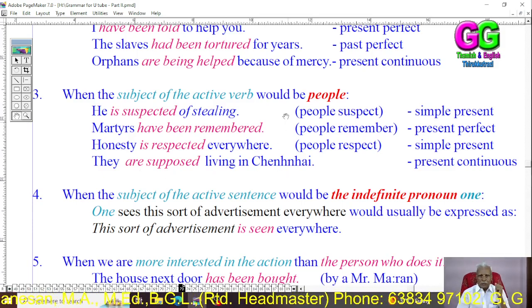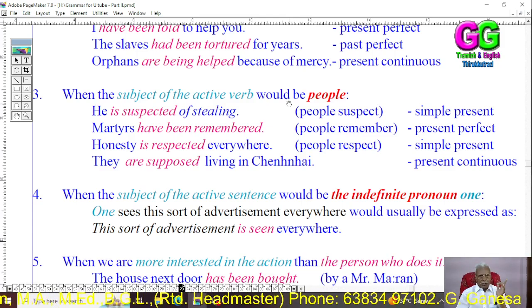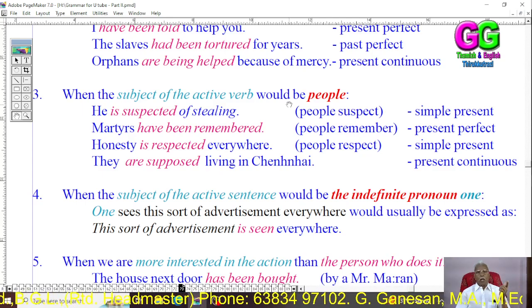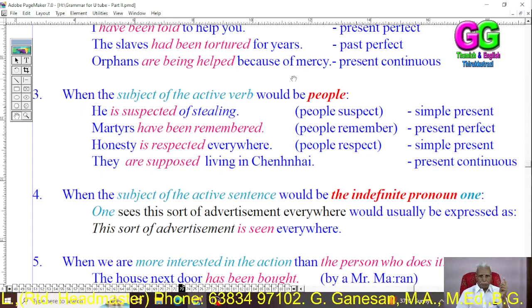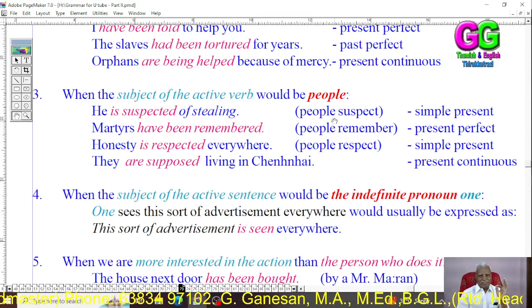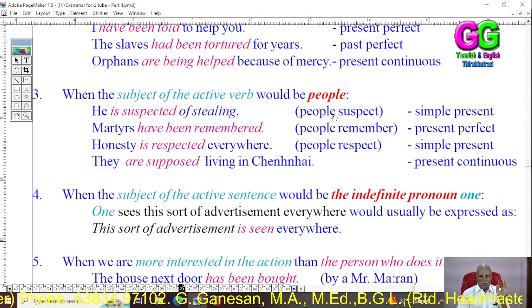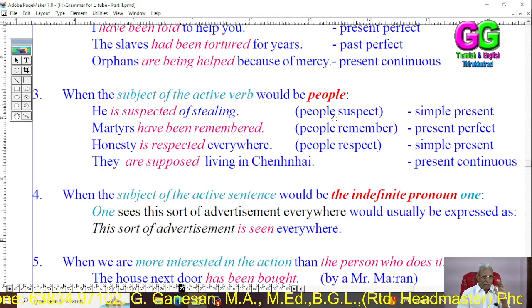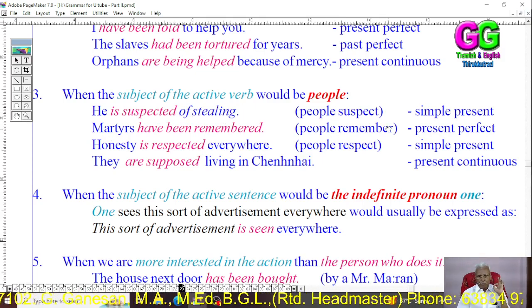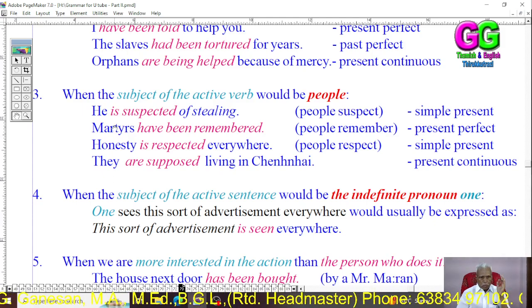You see, when the subject of the active voice is people, it is better to use passive voice. Here, people suspect him of stealing. It is not an honest way of expressing. So, he is suspected of stealing. People remember martyrs.